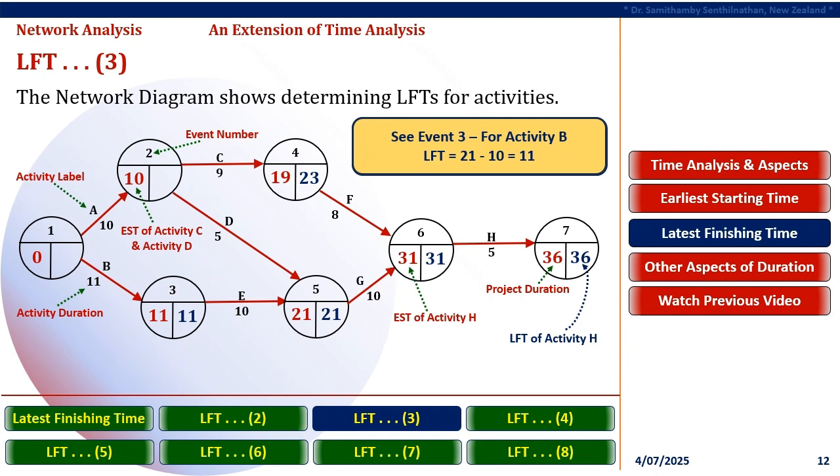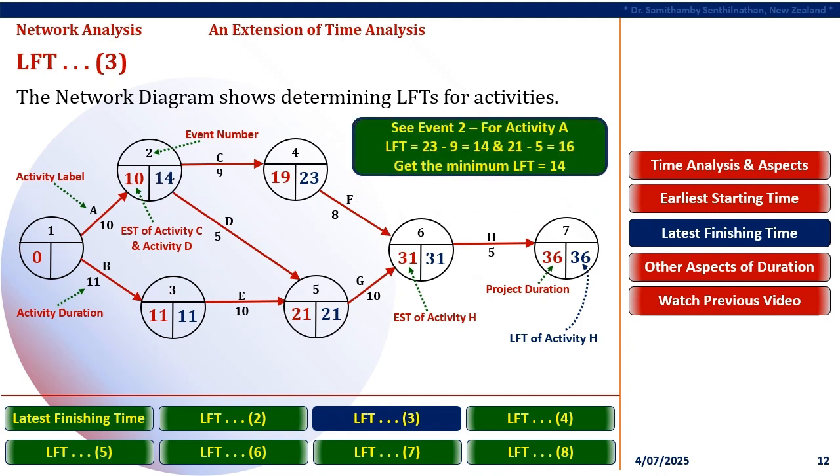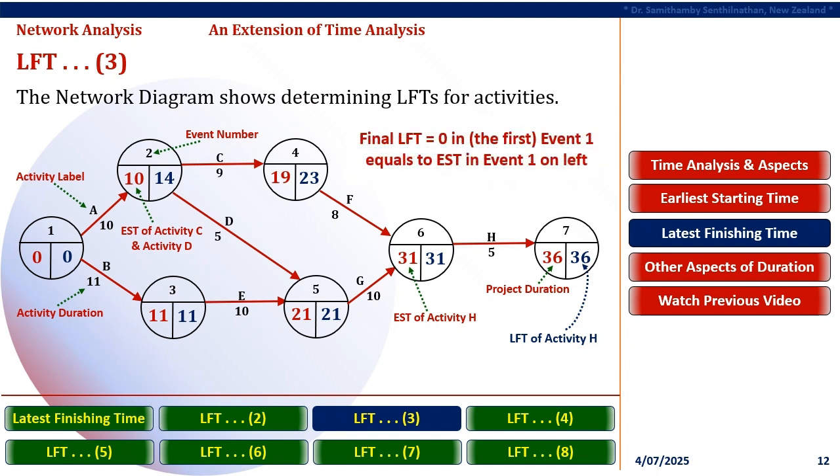Similarly, for activity D, its 5 months duration is subtracted from the LFT of 21 months in its head event, that is, 21 minus 5 equals 16 months. By comparing these resulting durations, 14 and 16 months, the minimum duration of 14 months has to be placed as LFT of tail Event 2 on its right side. This implies that LFT of activity A is 14 months.